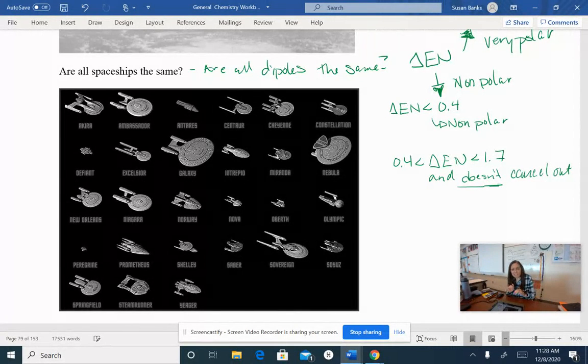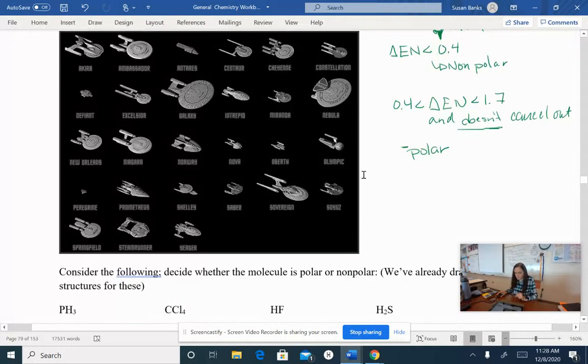Now, by canceling out, we're going to look at how these dipoles add up in a minute. If I have an electronegativity between 0.4 and 1.7 and all the dipoles don't cancel out, that molecule will be polar. Okay? So there's our scale of electronegativity.